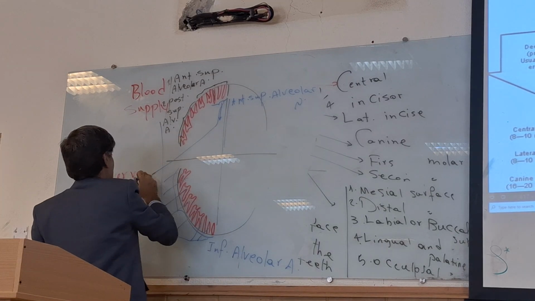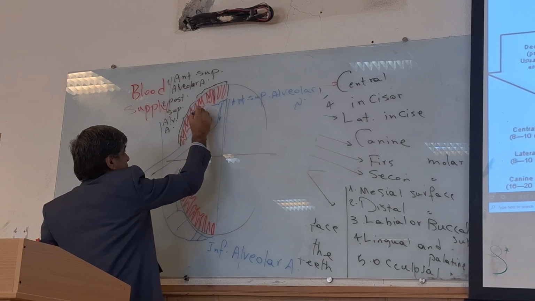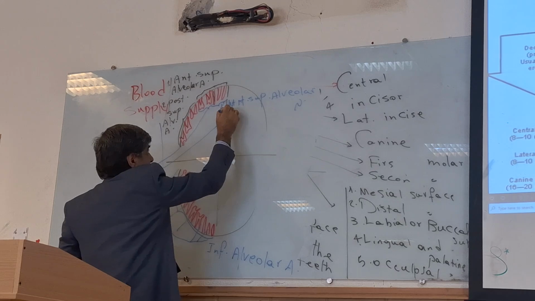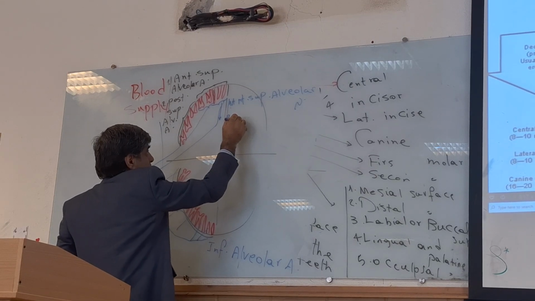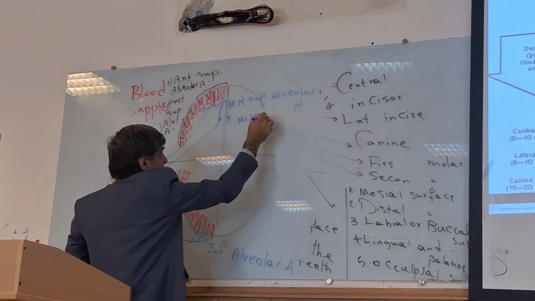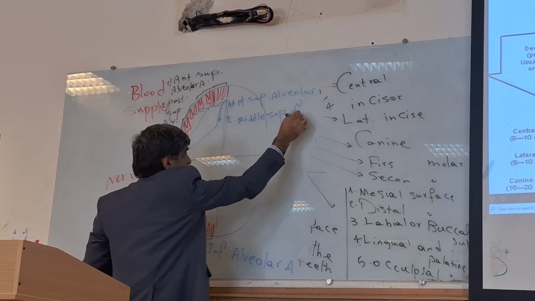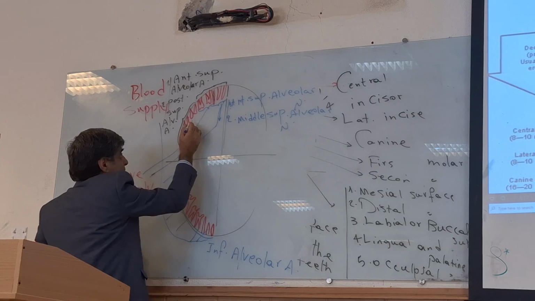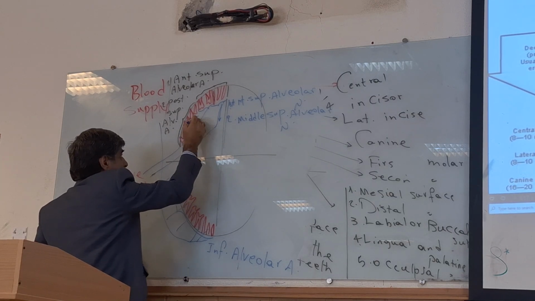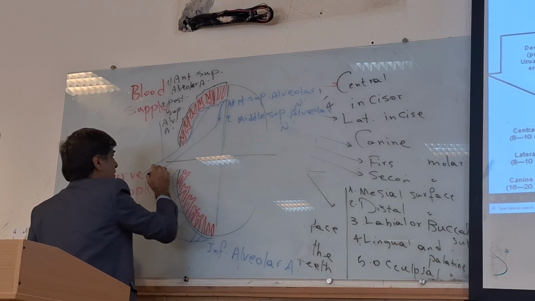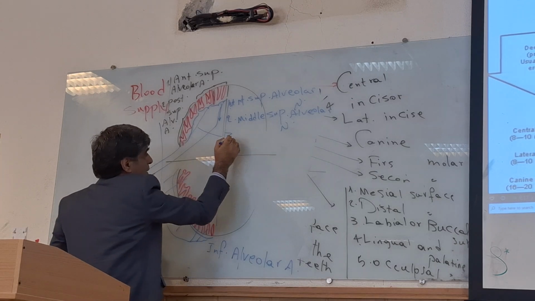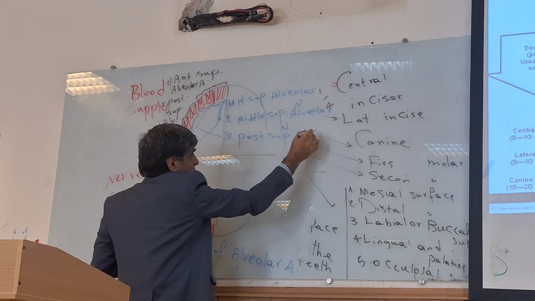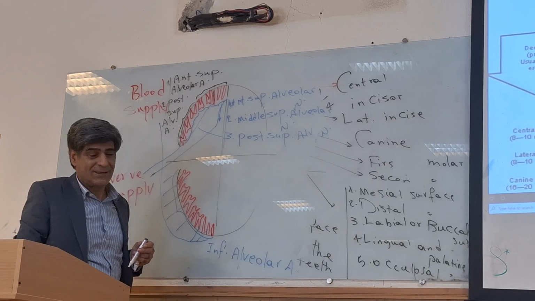Okay, and the two premolars, first and second: nerve supplied by the middle superior alveolar nerve. And molars, first, second, and third: nerve supplied by the posterior superior alveolar nerve. Okay.